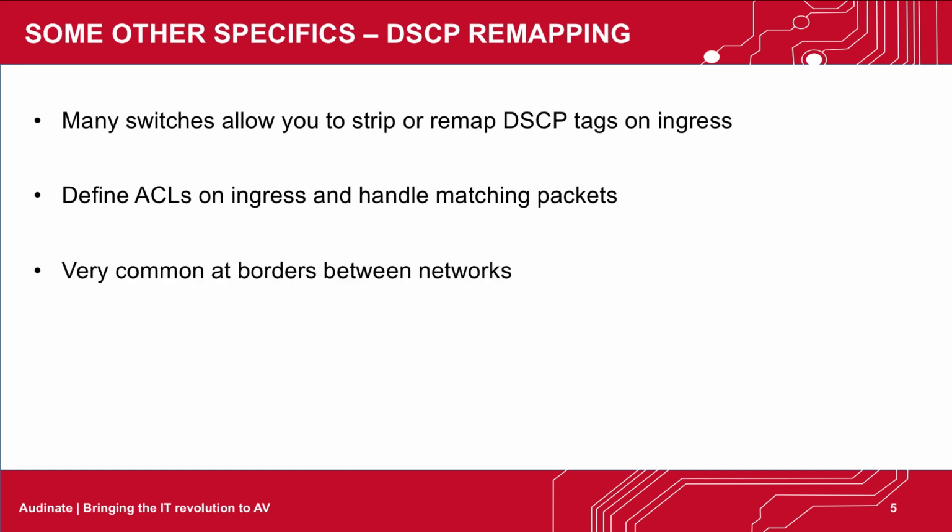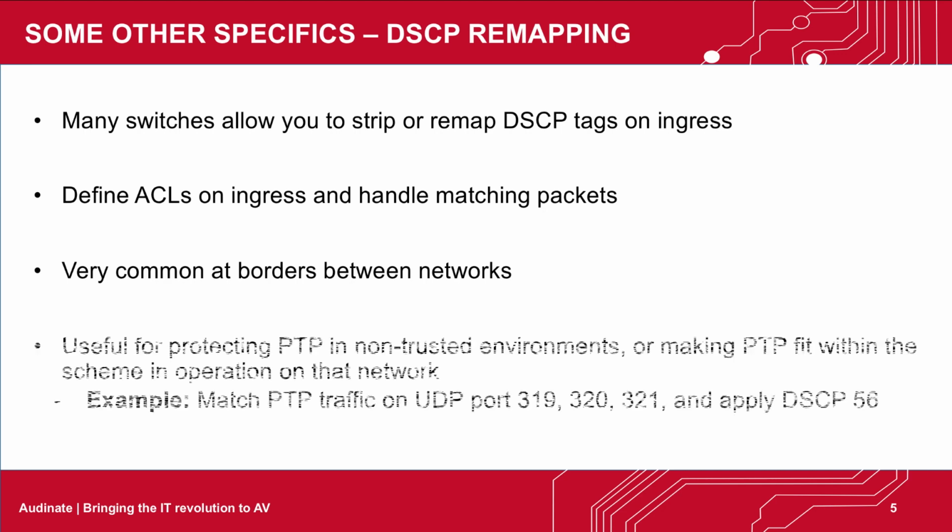This is very common at the border between networks, so network service providers will do this by default anytime they share a border with another network operator. It's a way of keeping control of your own policy. It's really useful if you're running on a large campus environment and you need to use QoS to protect PTP.